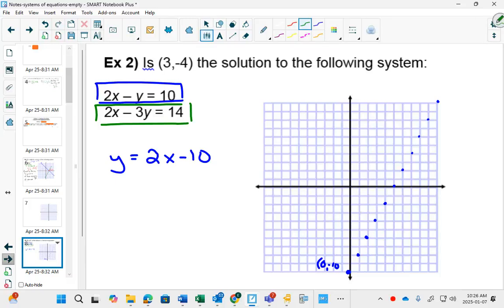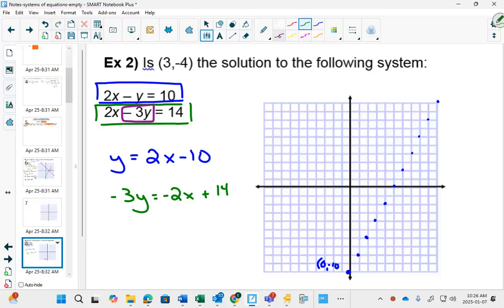The green one, if I want to get the y by itself on the green one, that's the term with the y. So I could get that minus 3y by itself by moving the 2x over. Make sure you're following along. Does that make sense what I did?